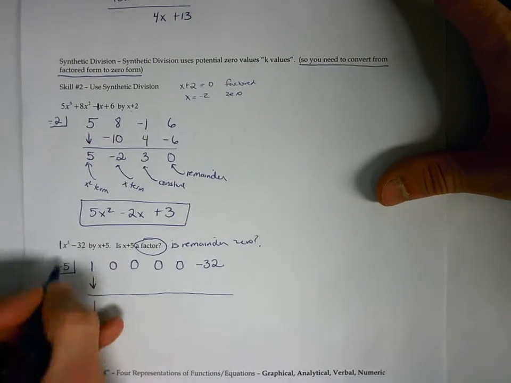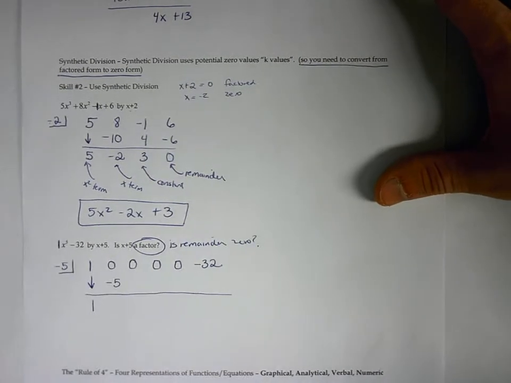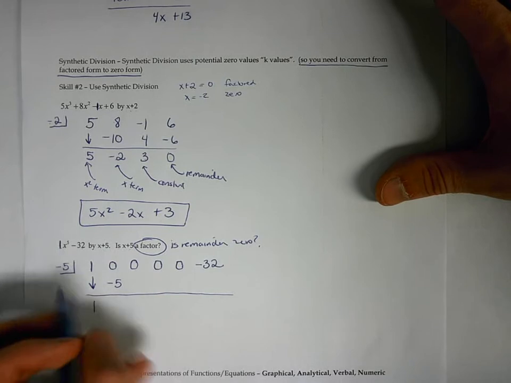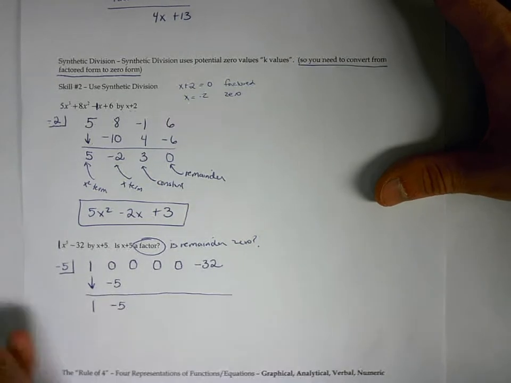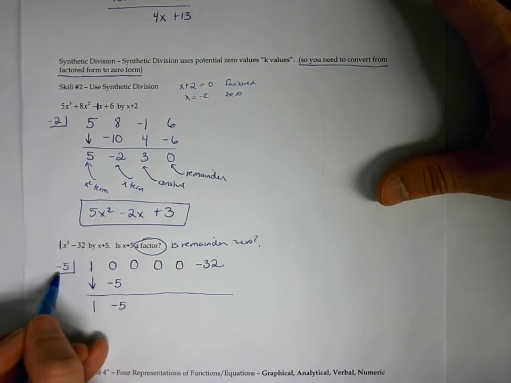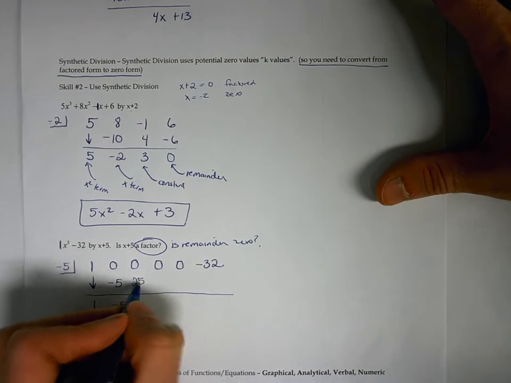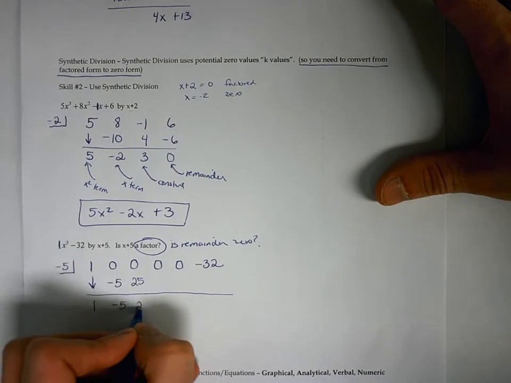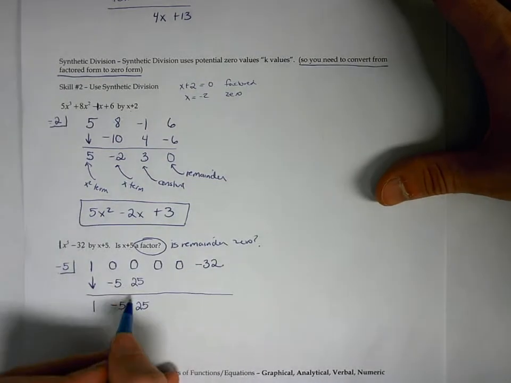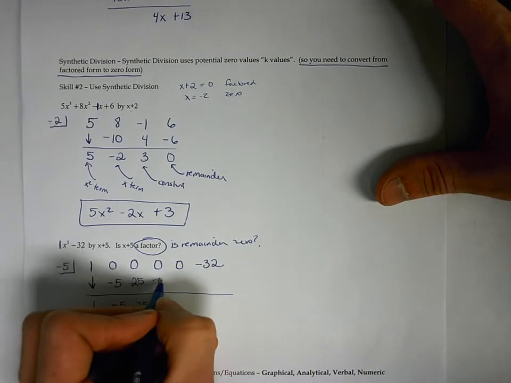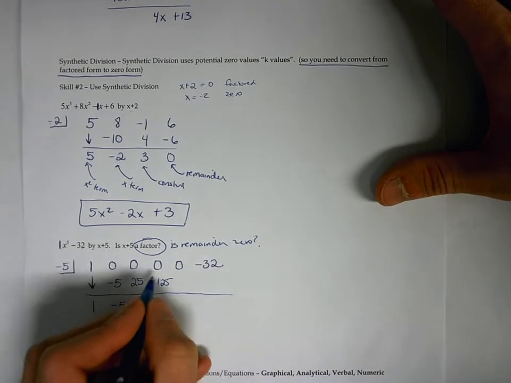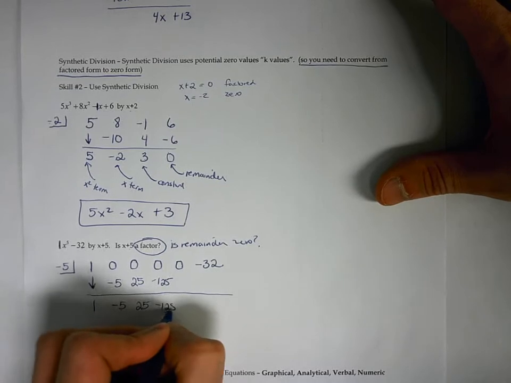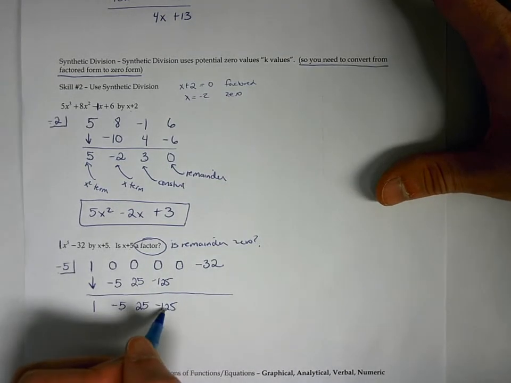Now we can go through and do our synthetic division. Bring down the 1. 1 times negative 5 is negative 5. 0 plus negative 5 is negative 5. Negative 5 times negative 5 is positive 25. 0 plus 25 is 25. 25 times negative 5 is negative 125. 0 plus negative 125 is negative 125.